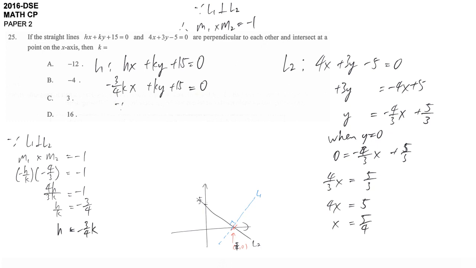And also, we know that it passes through 5 over 4, 0. So we replace x and y. Then in this equation, no more h, no more x and y, only k is the unknown. Then we can solve it carefully.